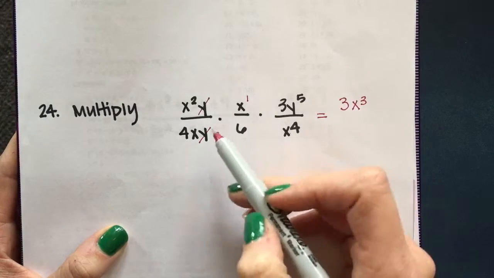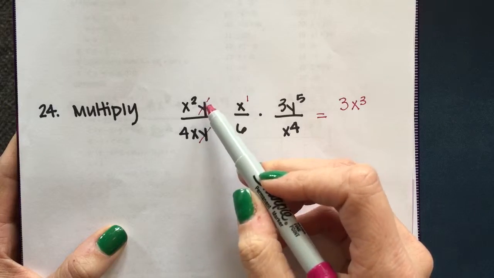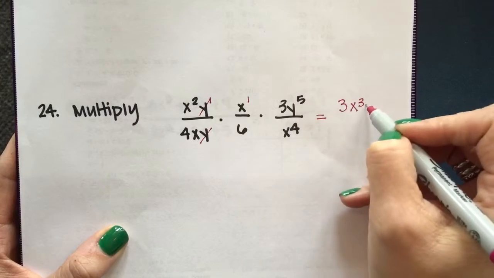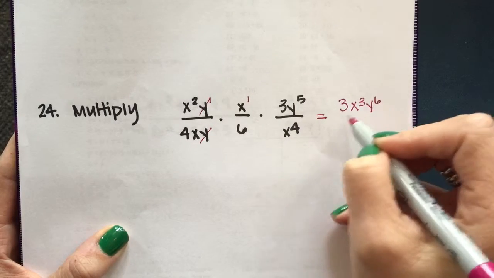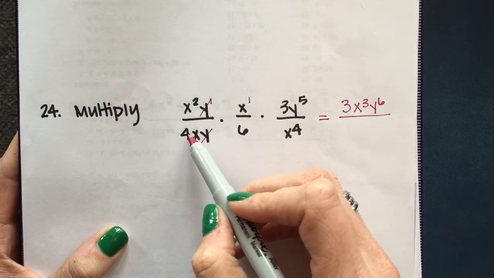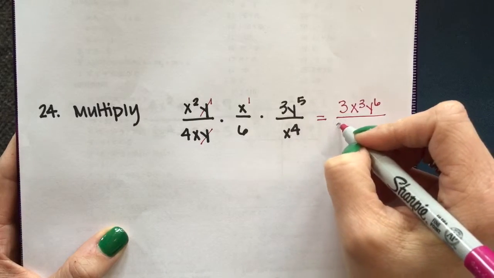And y to the, should we pretend that we didn't cancel those two? Let's say we didn't cancel those. y to the 1, and then another 5 is y to the 6th. If you do it this way, you're only going to have to simplify or cancel things out one time. In the denominator, coefficients 4 times 6 times 1 is 24.